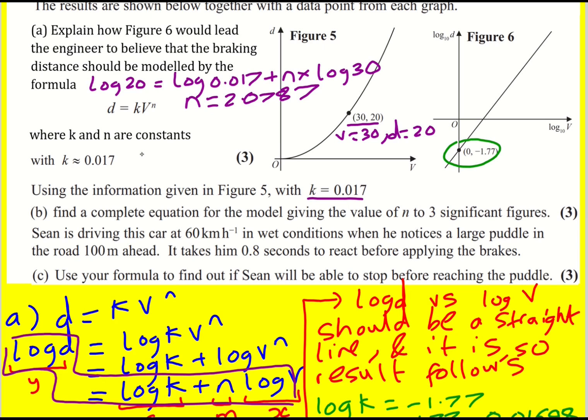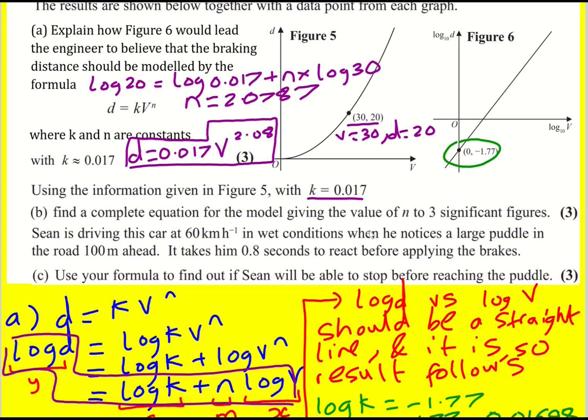So finally, d is going to equal 0.017 v to the power of 2.08. Now, I could have subbed in to this formula directly, including my k, but then I would have had to take logs. It would actually have taken a bit longer than just putting it into the log equation. So that's why I went with this method.